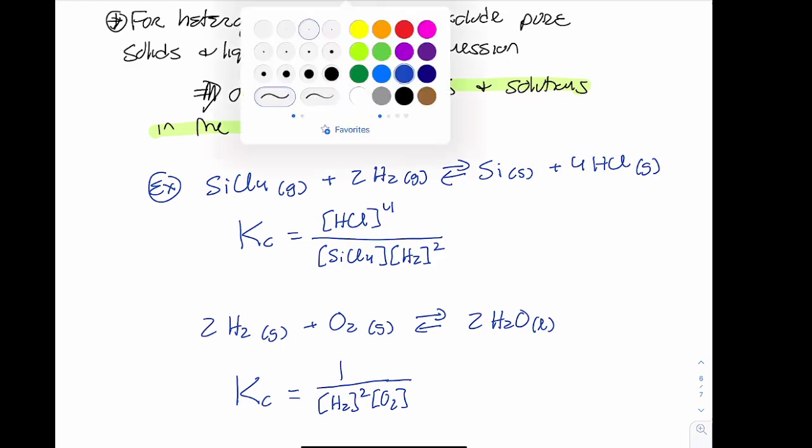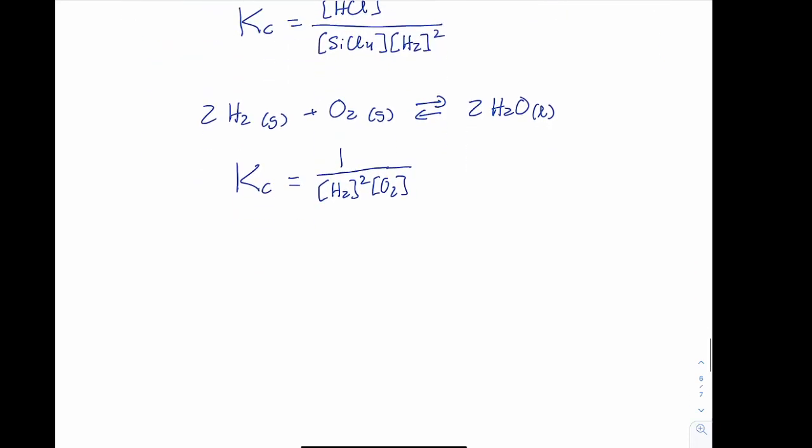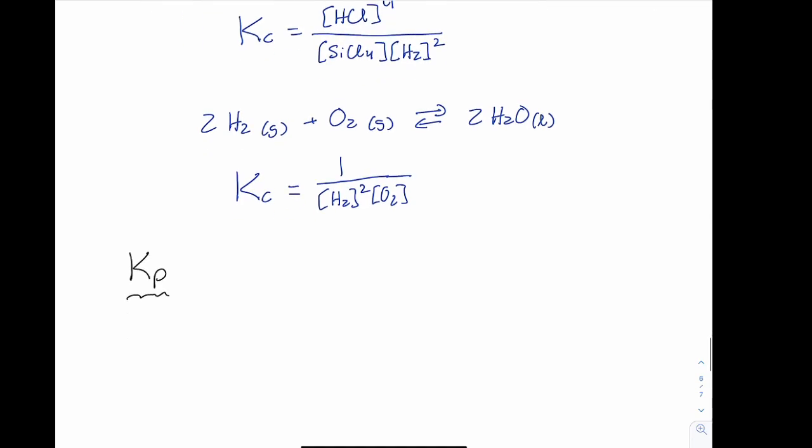We can define equilibrium constants in terms of partial pressures, and we're going to use Kp when we do that. The C in Kc was representing concentrations. So when I wrote these expressions, we had these brackets representing my molar concentration. Kp is going to be expressed using partial pressures.